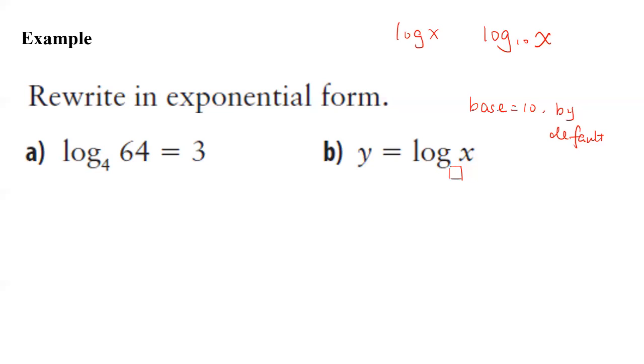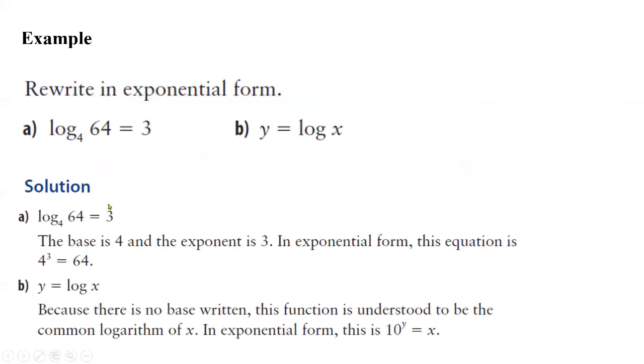All right, have we finished? Let's have a look at the solutions. Question A, because the base is 4 and the exponent is 3, in exponential form, the equation is just 4 raised to the power of 3 equals 64. Okay, next one.